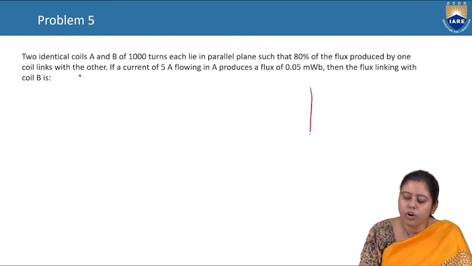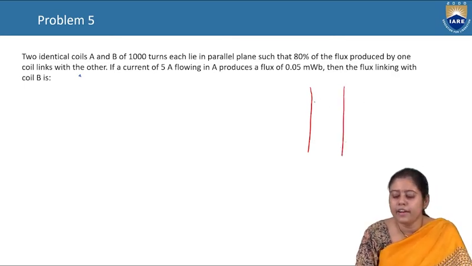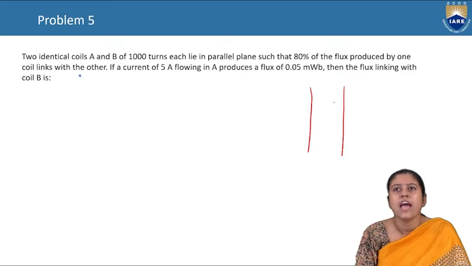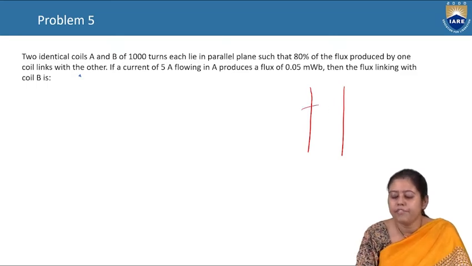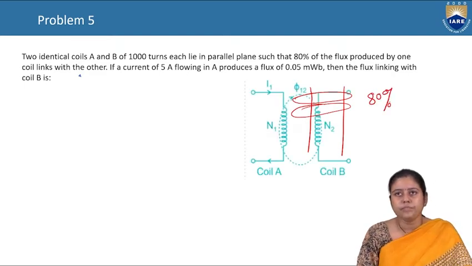So there are two coils A and B, they are in proximity, and have a flux linkage of 80%.